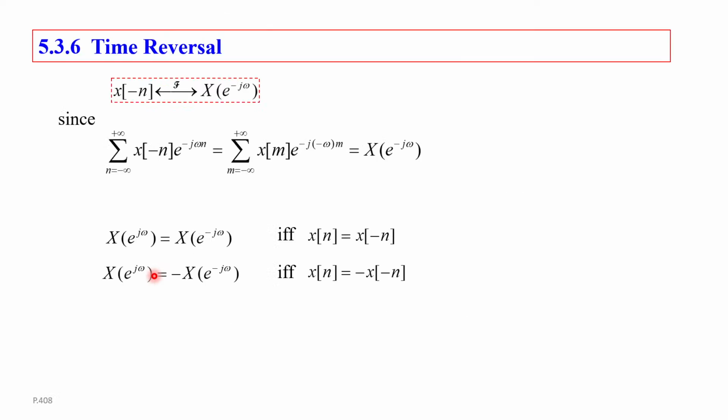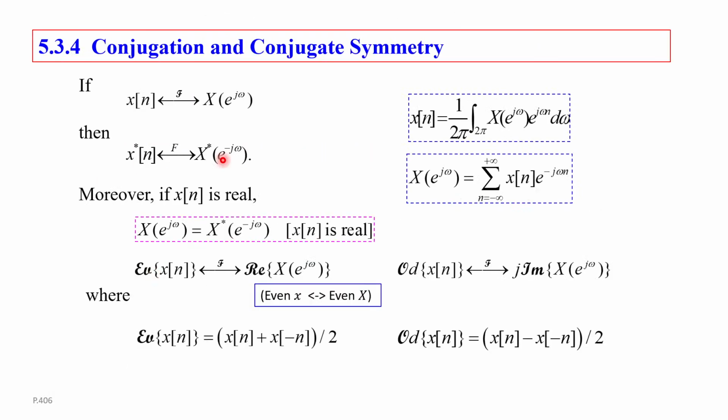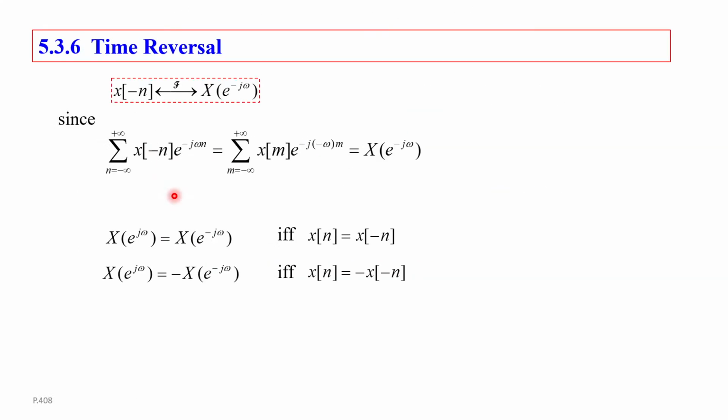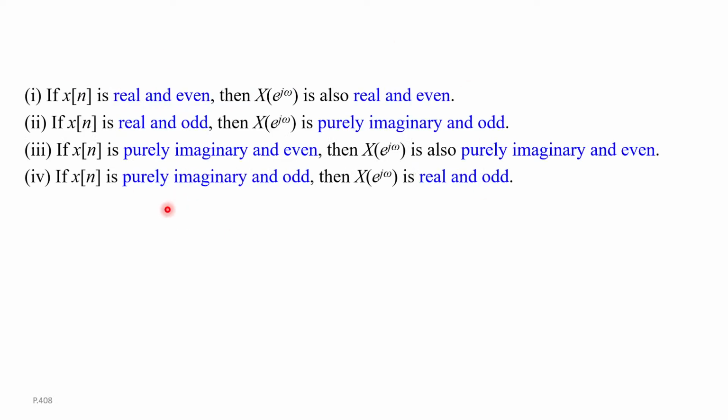And so this goes well with your conjugation relationship here for the real and even, the real odd and the even imaginary thing. And we have those conclusions from the even odd thing. So we should look at, if it's real, then the even part will correspond to the even part, and the odd part will correspond to the other part. And if it's imaginary, then it's flipped around. Sorry.